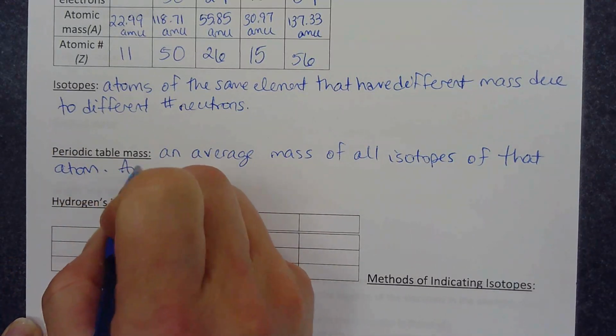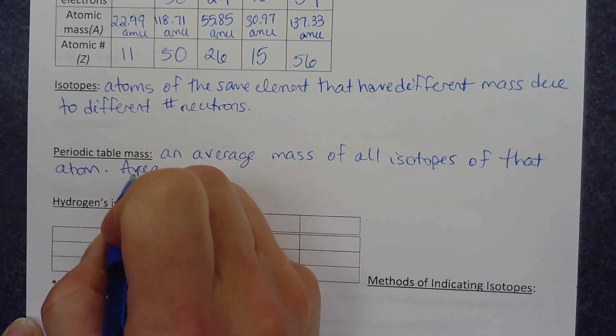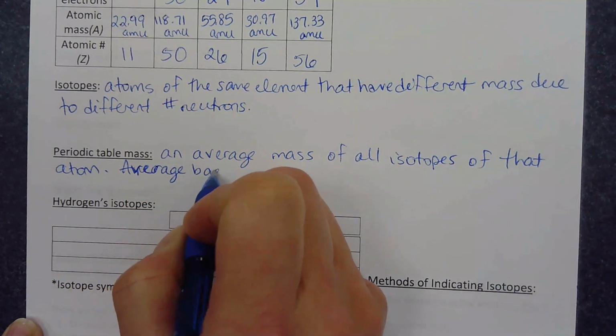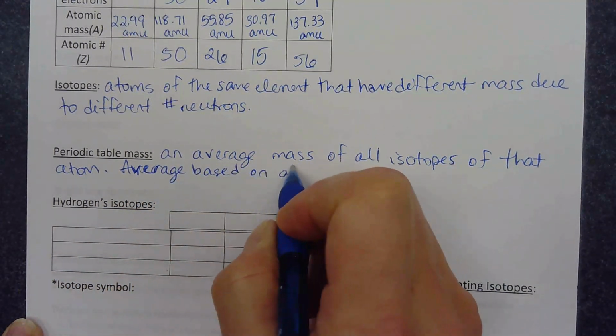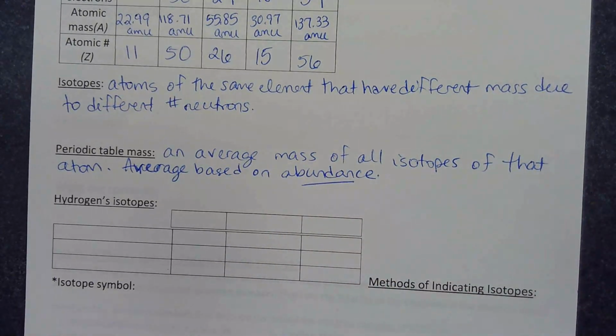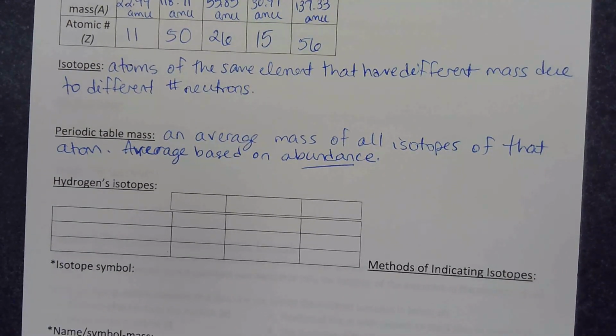And it's an average based on abundance. So it's an average mass based on the abundance of that particular isotope.